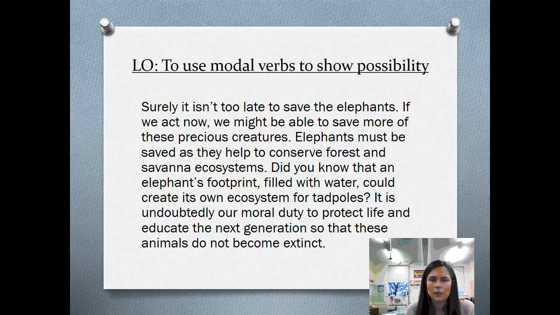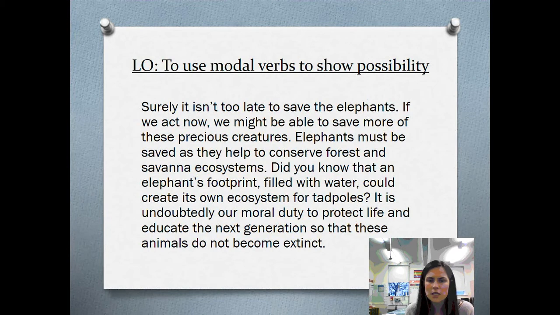Did you know that an elephant's footprint filled with water could create its own ecosystem for tadpoles? It is undoubtedly our moral duty to protect life and educate the next generation so that these animals do not become extinct. So throughout my paragraph, not very many sentences, but I've selected a range of different modal verbs to put together all about elephants.